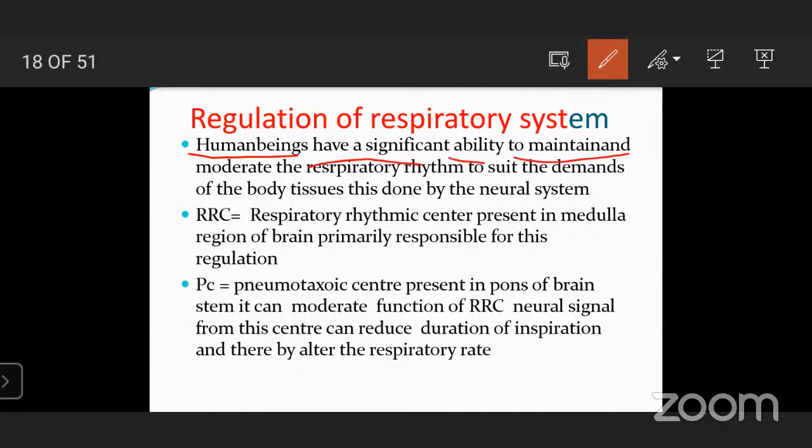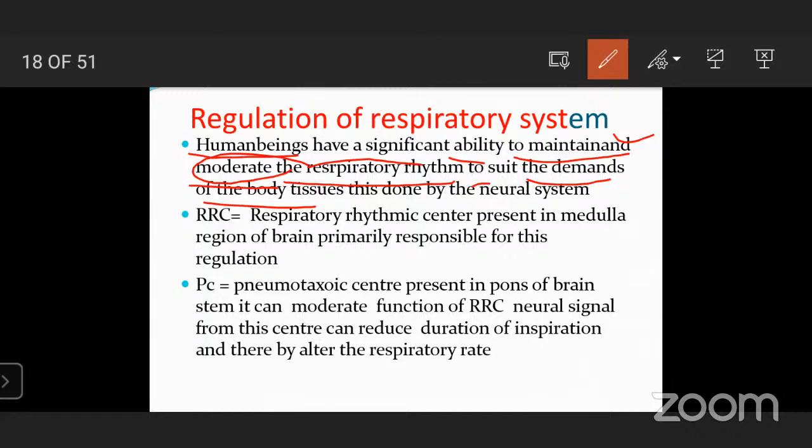Human beings have a significant ability to maintain and moderate the respiratory rhythm to suit the demands of the body tissues. Moderate is a very important term.